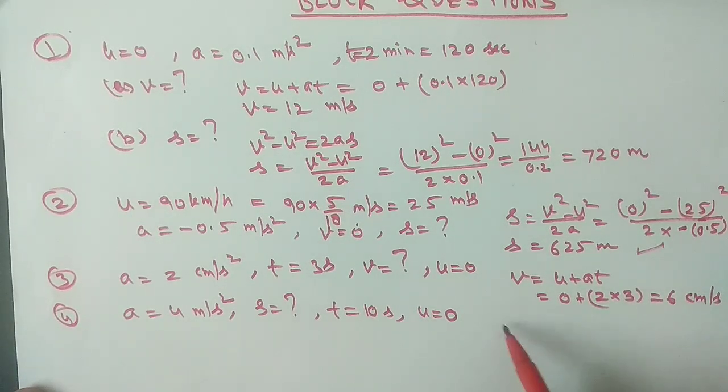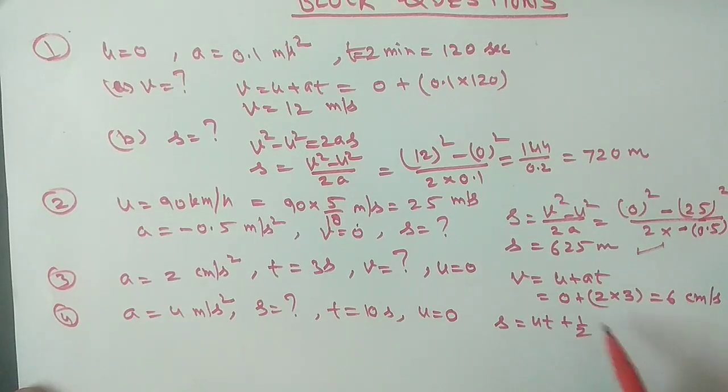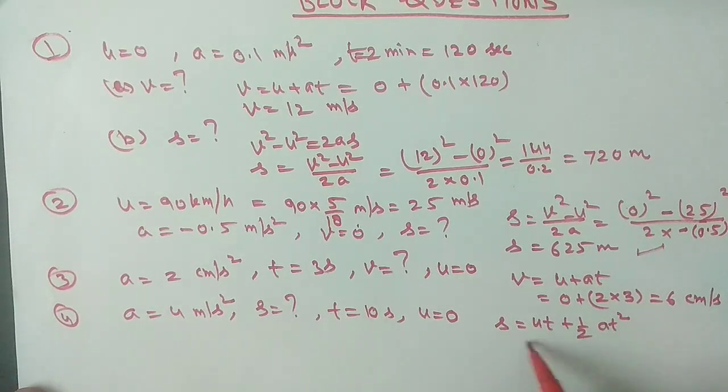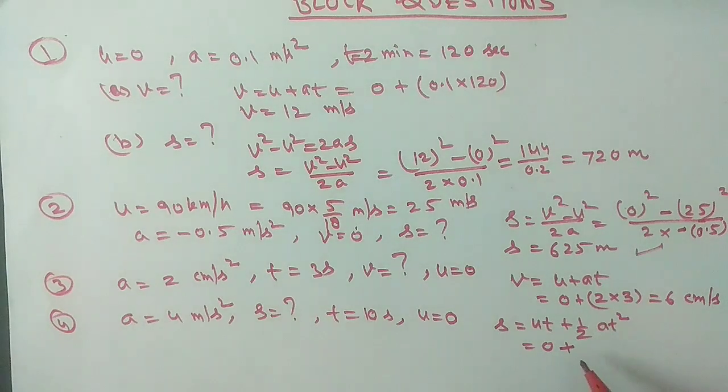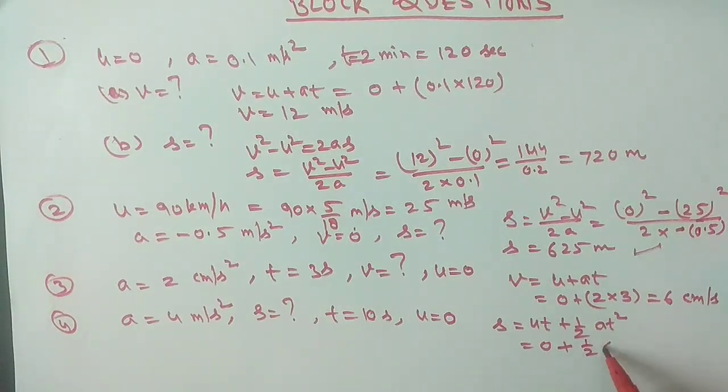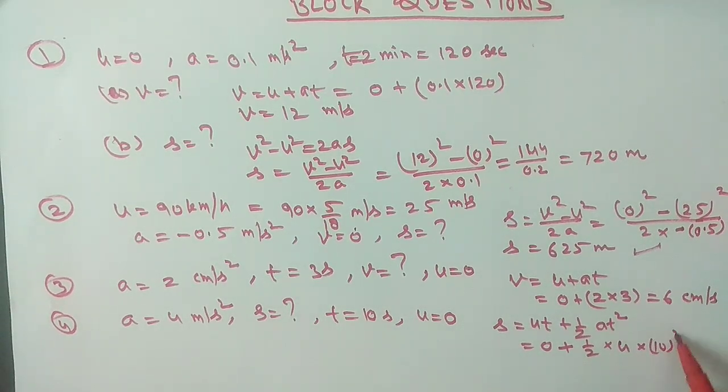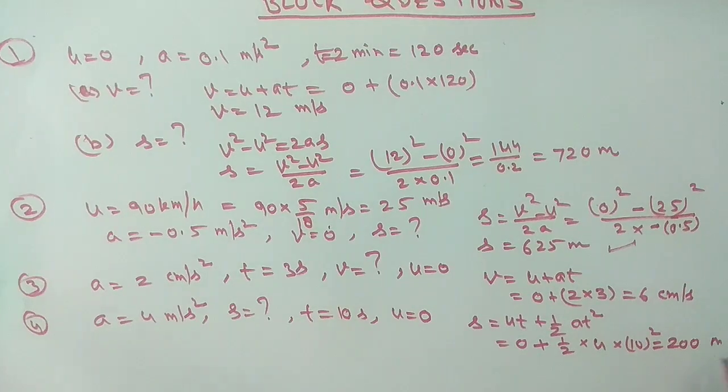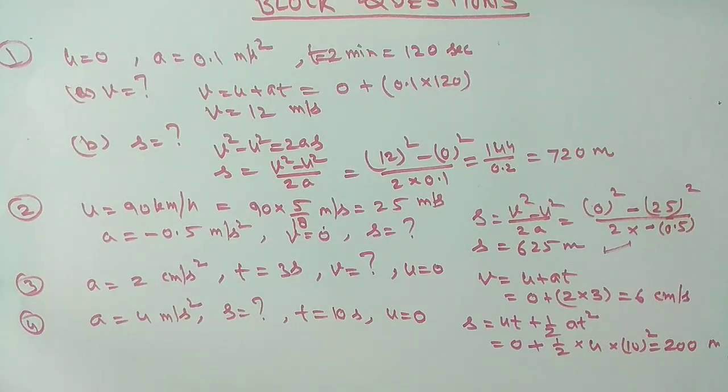So using the relation s is equal to ut plus half at square, initial is 0, so 0 plus half a, a is given 4, so it is 4 and t is 10, so 100, it is 2, so that is 200 meter is the answer. 200 meter is the answer of question number 4.